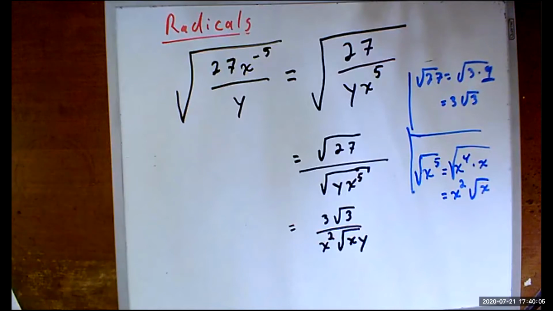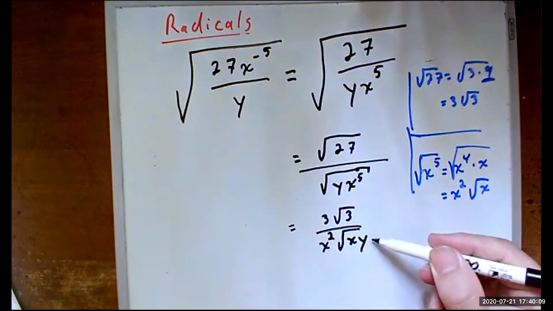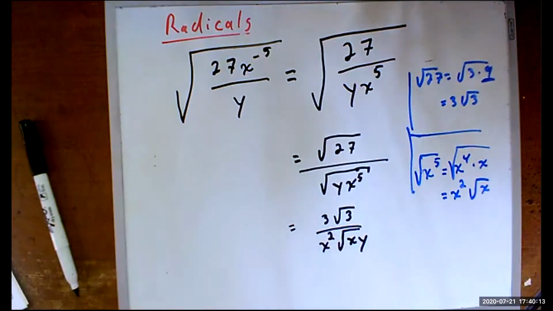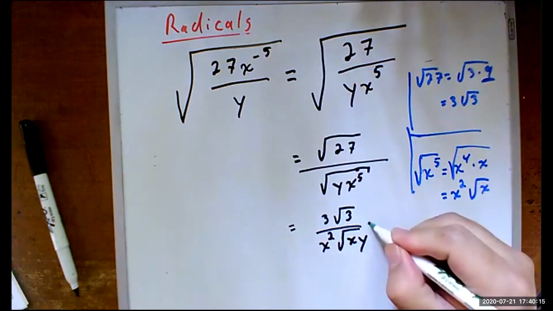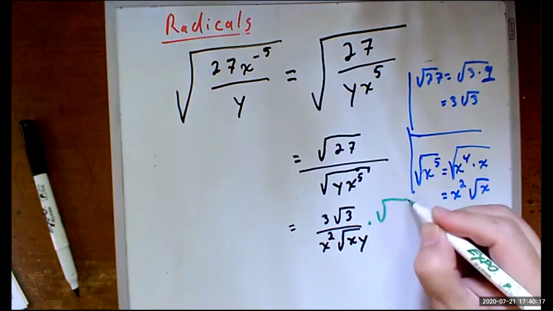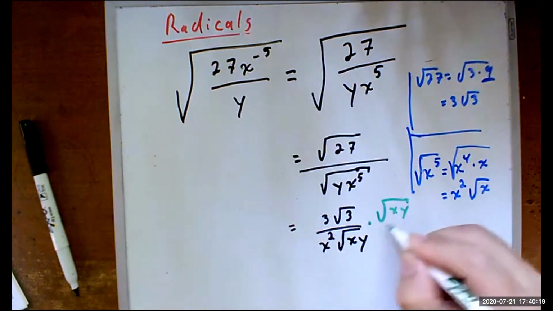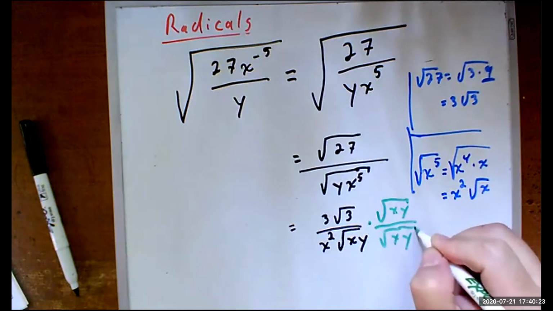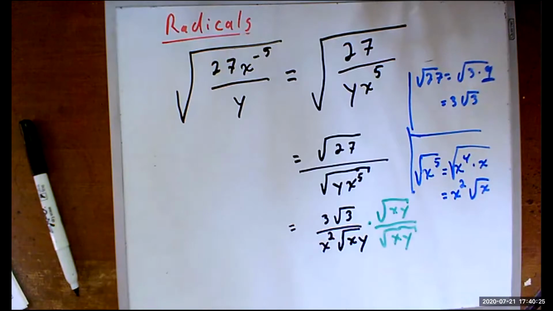Now we're very close to being done. But again, we have this radical on the bottom here. We don't want that radical on the bottom. So I'm going to multiply by x square root of xy, top and bottom.